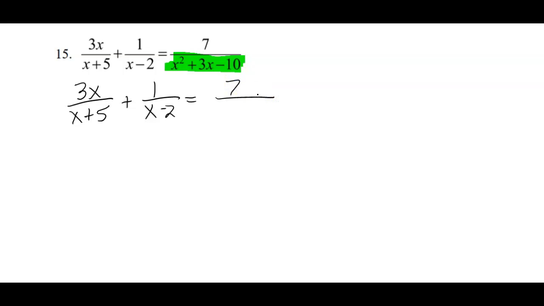Factor set of that, multiply to negative 10, add to 3: x plus 5, x minus 2. A comment on these, they're not trying to make your life too ridiculously difficult.